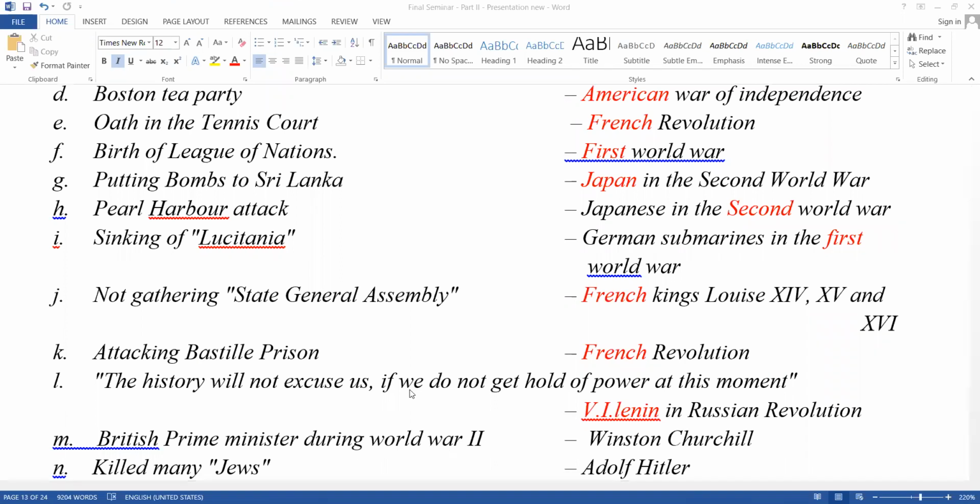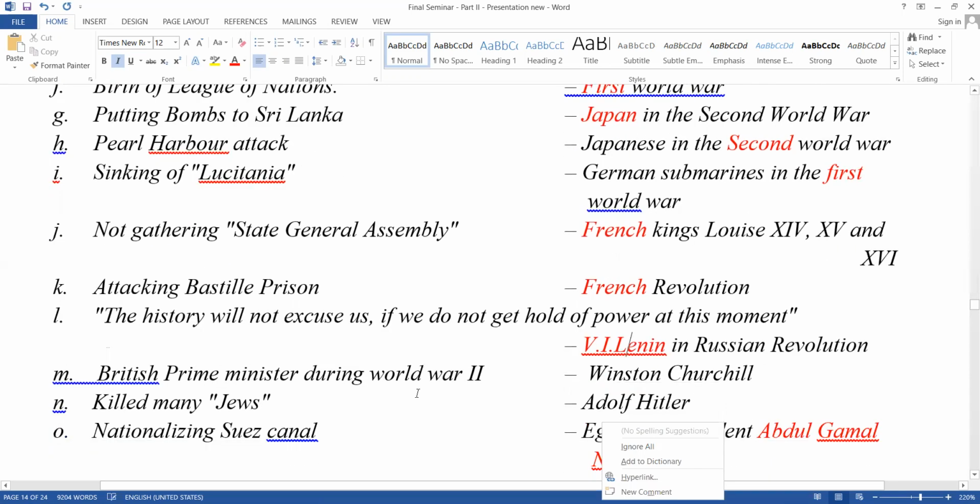V.I. Lenin stated this in the Russian Revolution. The British Prime Minister during World War II was Winston Churchill, and Adolf Hitler killed many Jews. Nationalizing the Suez Canal was done by Egyptian President Gamal Abdel Nasser.